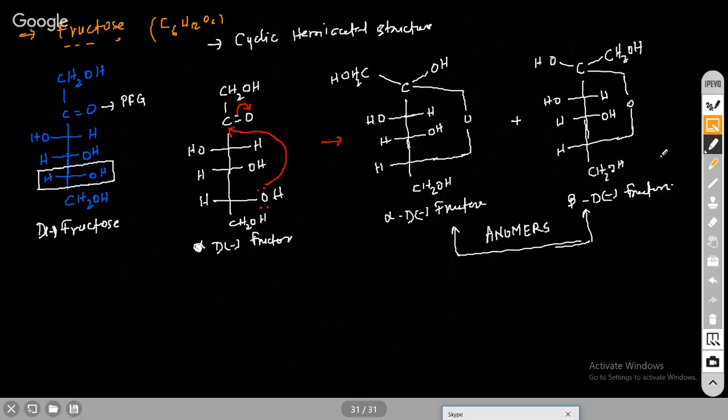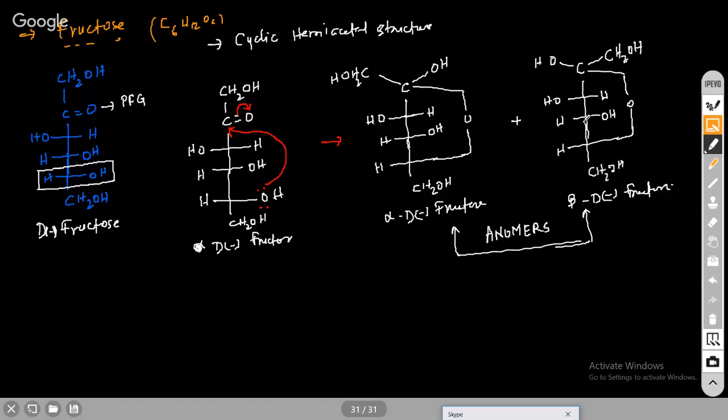So this carbon is the anomeric carbon here. And here the configuration is different. That's why these two are anomers. This carbon was planar. The reason I have discussed already in glucose also, this was planar. So the attack can be from the top or bottom. So two different configurations are possible. That's why it is alpha and beta, and they are anomers of each other. Okay, finish this.